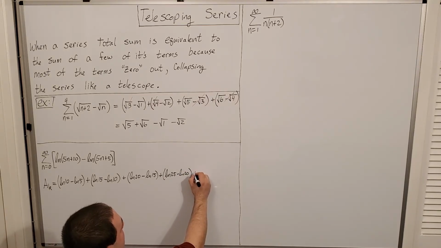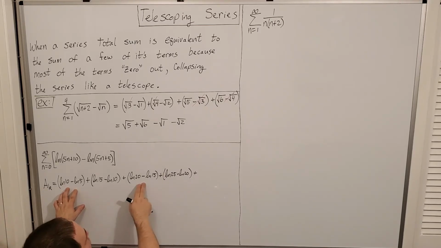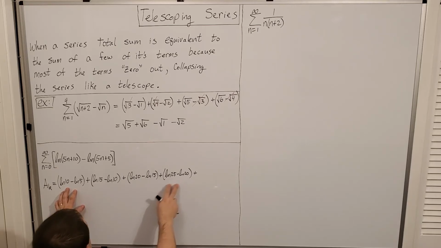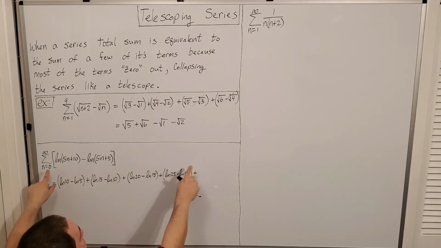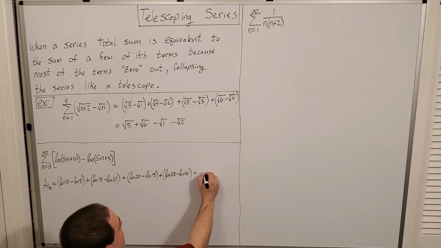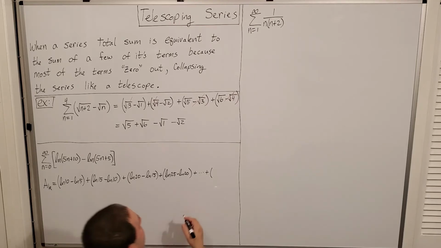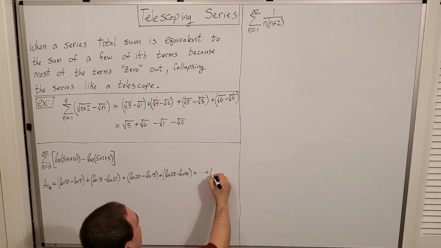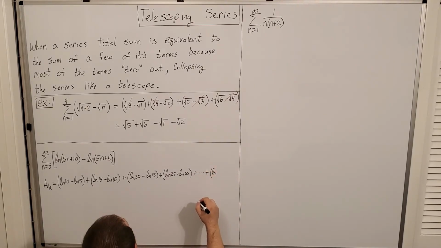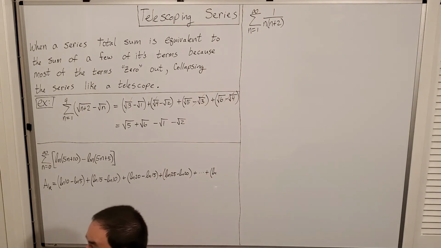Okay, now let's get generic here, because remember, this is a sub k. I've already done 0, 1, 2, and 3. Okay, so just this part would be a sub 3. Let's go generic to a sub k here. Okay, so then I'll have the ln of 5k. I'm running out of space here.